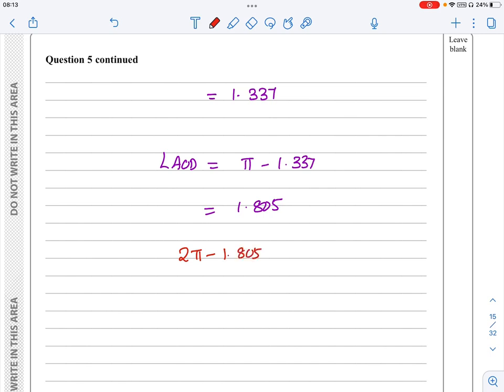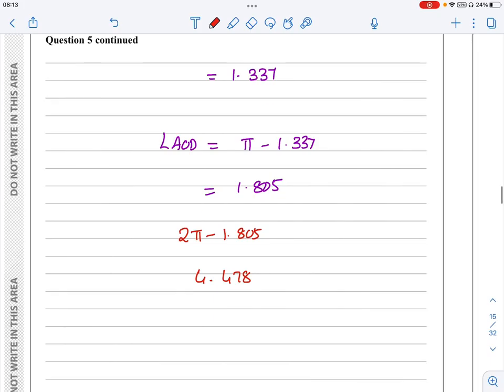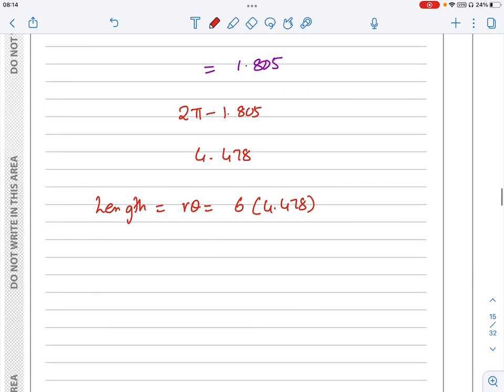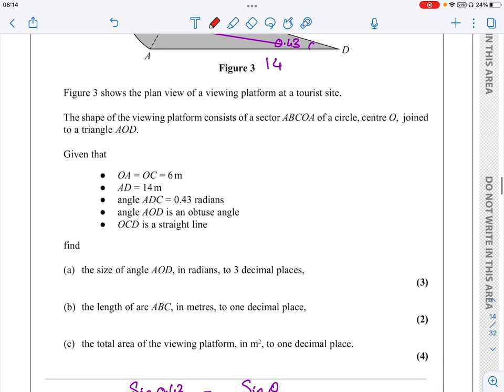Take the calculator: 2 times pi minus 1.805, which gives me 4.478. Then the length of the arc will be r theta. So the radius is 6 and theta is 4.478. So times 6 should give me the answer as 26.86 or 26.9. That's going to be the answer for the length of the arc.